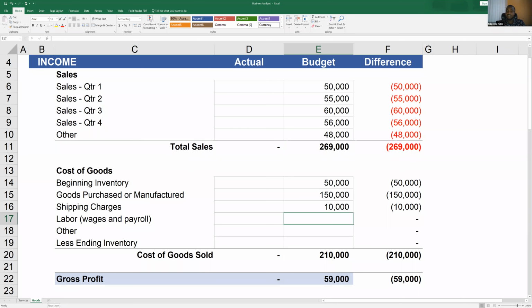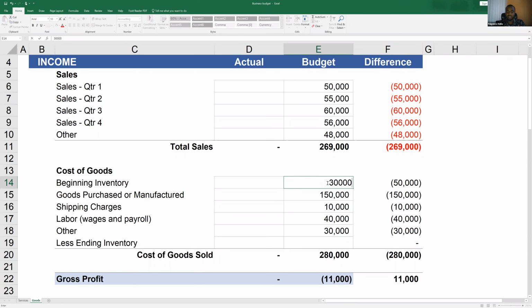Labor, our wages and our workers, we are going to pay them, let's say 40, right? Then we can say other expenses or others, we can give it at 30. All right. I like this one. We reduce this one to 40.